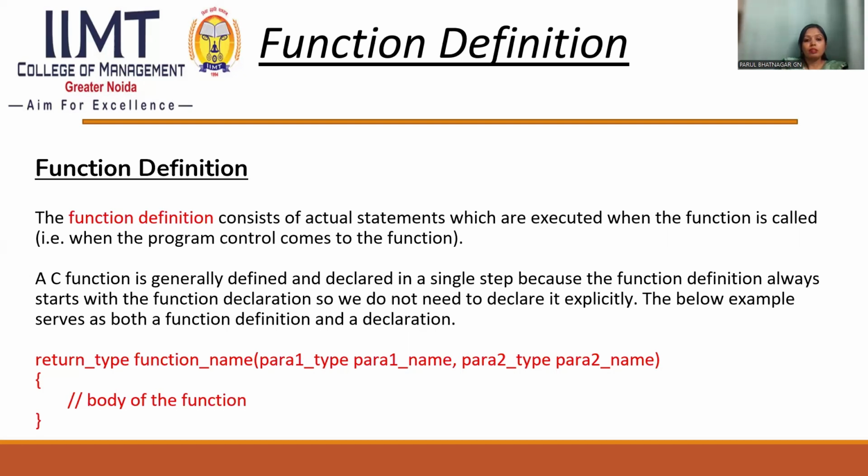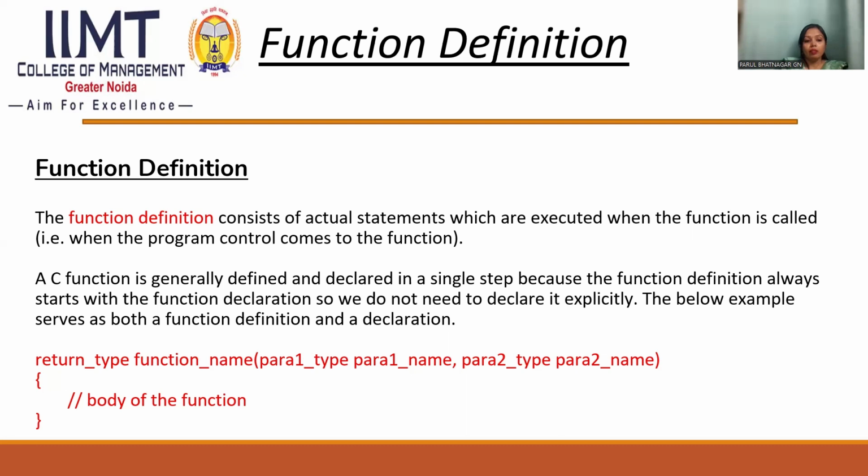A C function is generally defined and declared in a single step because the function definition always starts with the function declaration. So, we do not need to declare it explicitly. The below example serves as both a function definition and a declaration.